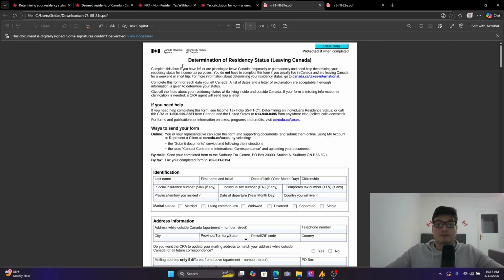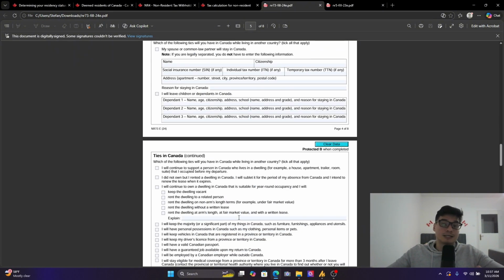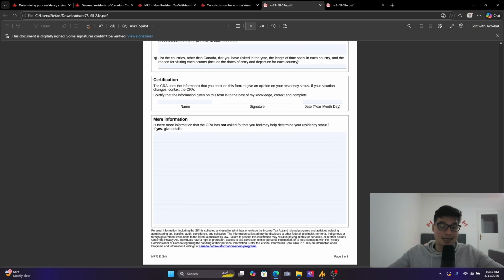All right, so if you're not really sure whether you're a resident or not, you can fill out a determination of residency status form. It's the NR73 form, and a CRA agent will take a look. You're going to put in all your information about why you're leaving, and they're going to decide whether you are a resident or non-resident for Canadian tax purposes.